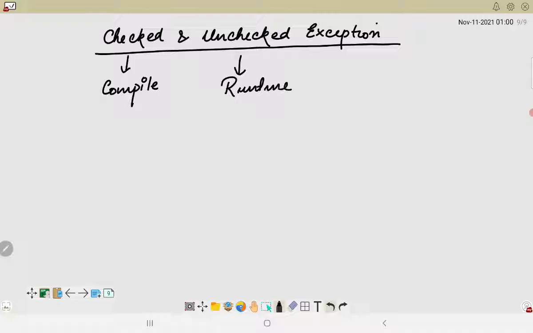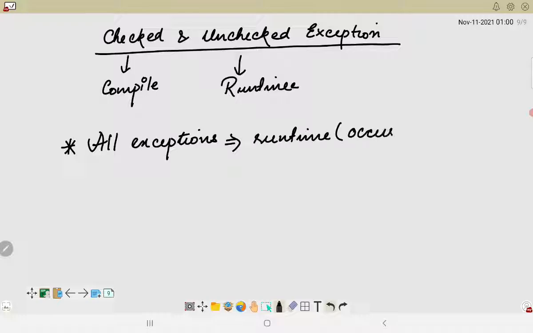So whenever a question is asked, what is compile time and runtime exception, the general answer everyone gives is that compile time exceptions occur at compile time, and runtime exceptions occur at runtime. But that particular concept is entirely wrong, because we have to understand one thing: all exceptions take place at runtime, or occur at runtime only.